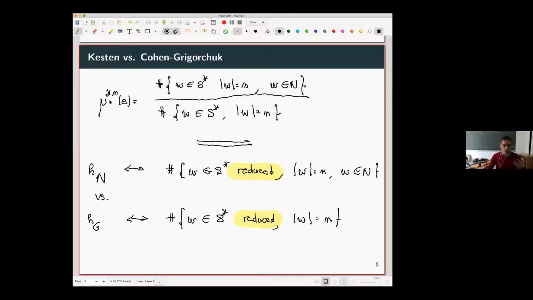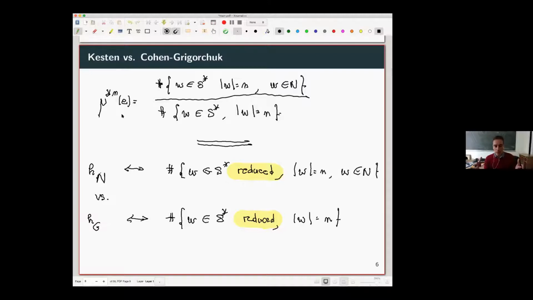The original proof by Cohen and Grigorchuk is, for me, not very natural, in the sense that what they did is they tried to relate those two numbers, h_N and h_G, the two exponential growth rates, to the spectral radius of the random walk.